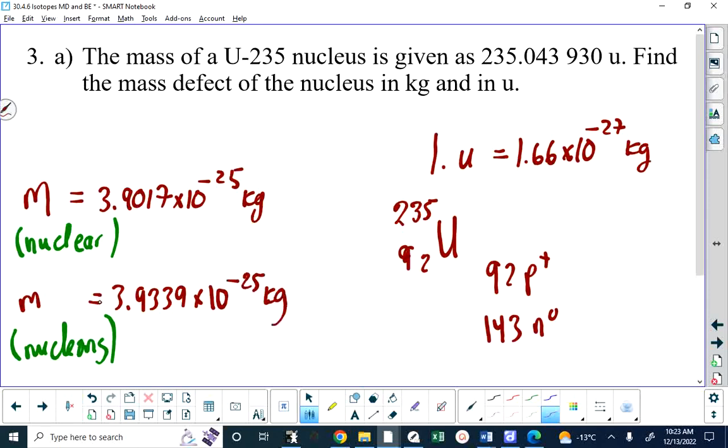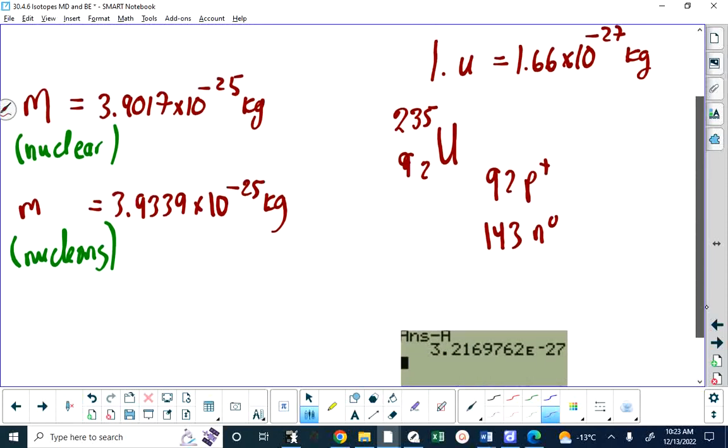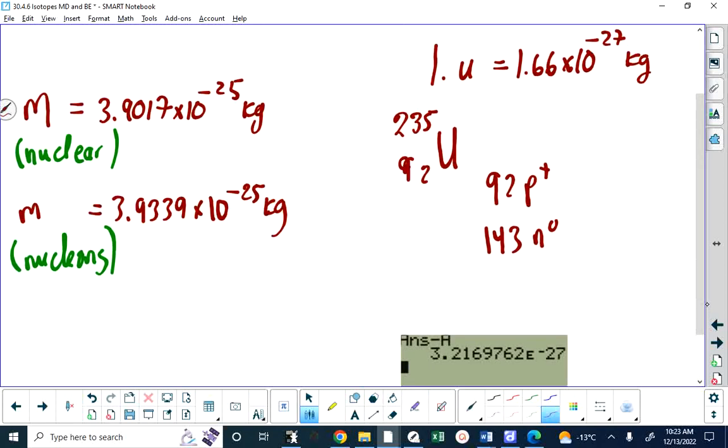You will notice that that is slightly bigger than the mass of the assembled nucleus. So the mass of the separated nucleons is more than the mass of the assembled nucleus. The binding energy, the mass defect, is the change in the mass. So you just have to subtract these. Just take the bigger minus the smaller.